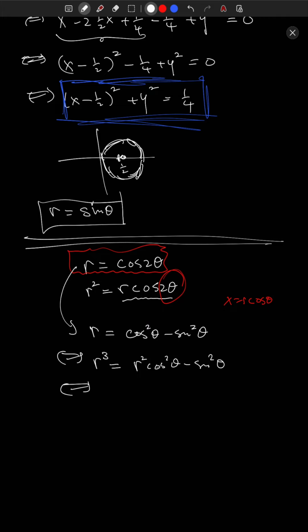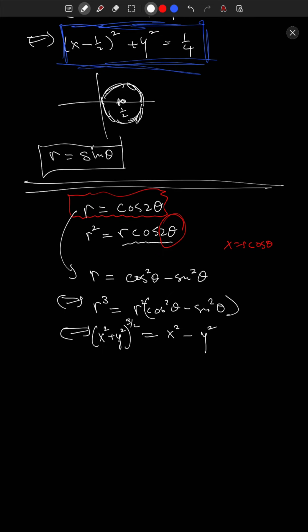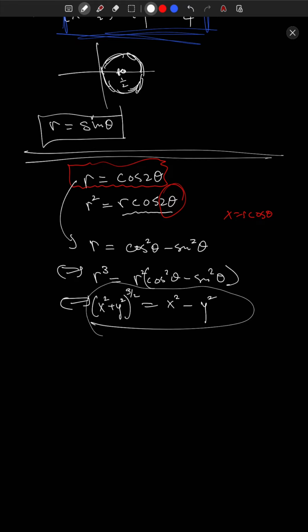And the reason I did that is so that I literally see x squared minus y squared on this side. And on that side, I'm going to get (x squared plus y squared) to the 3/2, right? Because r is the square root of x squared plus y squared. I cube that, and so I end up with a 3/2 power, right? So this here is not really a very nice equation.